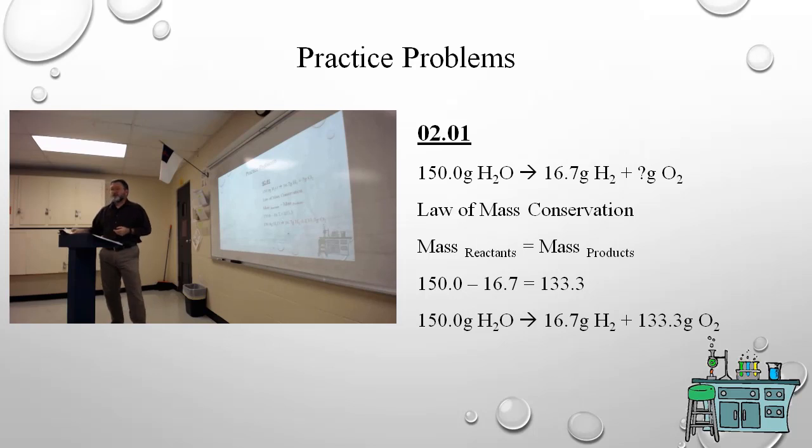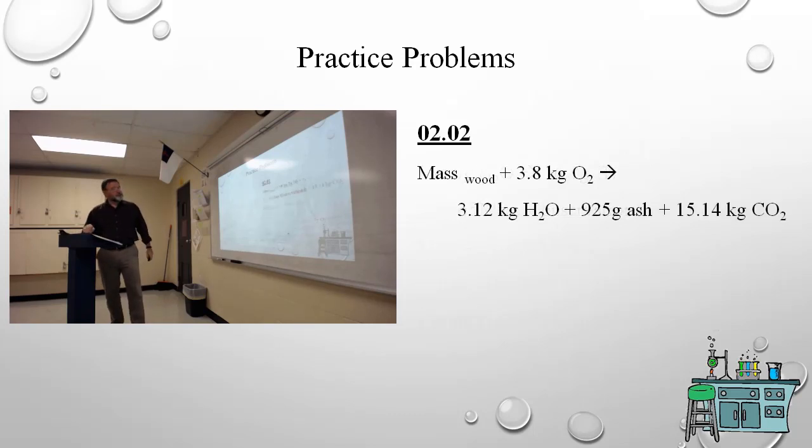Any other questions on number 1? Number 2 says that to burn a piece of wood, oxygen gas has to be added, and ash, carbon dioxide, and water are products of the burning process. So we're taking wood and oxygen, and that reaction, the burning process, produces water, ash, and carbon dioxide.